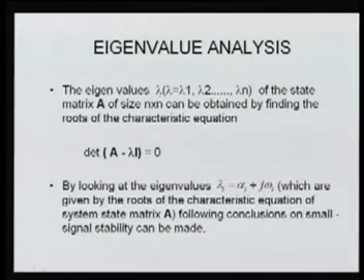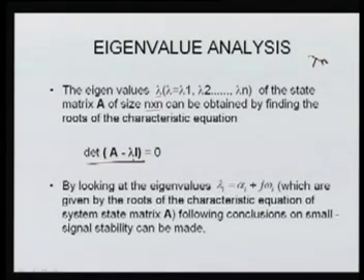The eigenvalue is normally represented by lambda. If your state matrix is n cross n, you will have n eigenvalues. The eigenvalues of the state matrix A of size n cross n can be obtained by finding the roots of this characteristic equation.